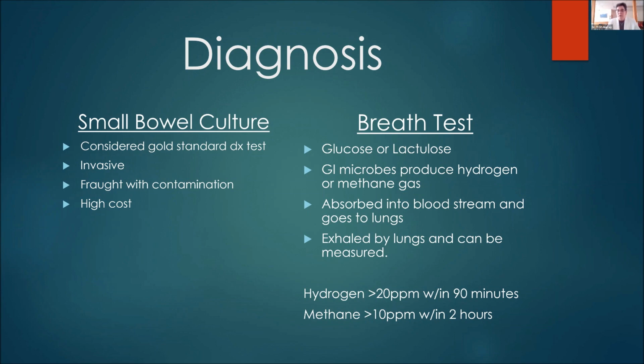And eventually, it's going to be ingested by your gastrointestinal microbes, the bacteria living in your gut. And typically, the microbes should be in your large intestine. When the microbes break down or metabolize the carbohydrate, the glucose or the lactulose, they give off hydrogen or methane gas.